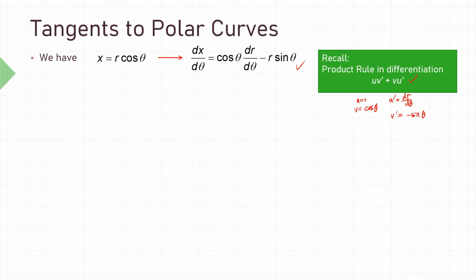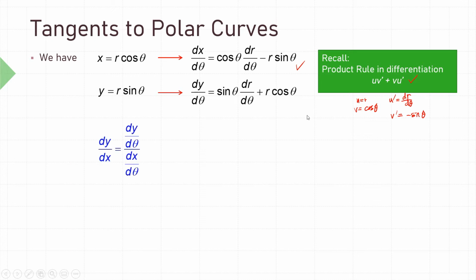Now for y equal to r sine theta, again we use the product rule, so we will have dy over d theta, which is given by this formula. When we want to find dy over dx, we use dy over d theta divided by dx over d theta.